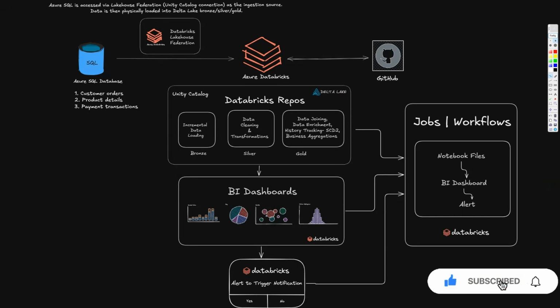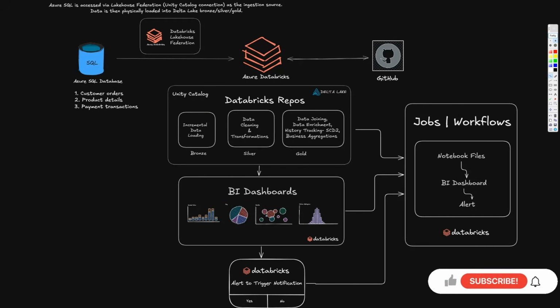So our data was in Azure SQL Database. Then we accessed our database from Azure Databricks with the help of Databricks Lakehouse Federation. Okay, so for that we have created connections. We have assigned user ID and passwords for the same. Then once we accessed that data, we stored that data, for the sake of understanding, into the bronze layer.